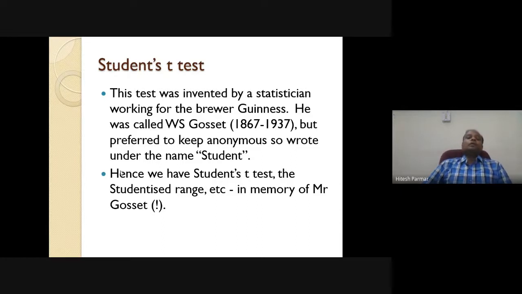Then Mr. Gossett said, okay fine, I will not use my name, but let me use the name Student and publish this work as a student's work. So in this way, the proposal was finalized, and the work was published under the name of a student.